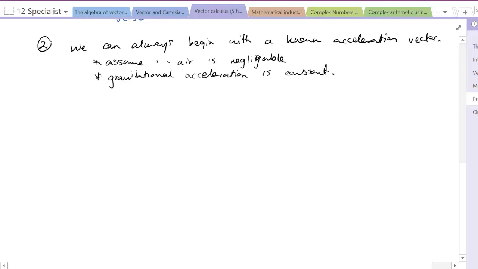If we make these two assumptions, we can say that the acceleration at any point in time is always going to be zero in the I direction because there's no air resistance acting against, and negative g in the J direction. If we're on Earth, gravity is going to be 9.81 meters per second squared.